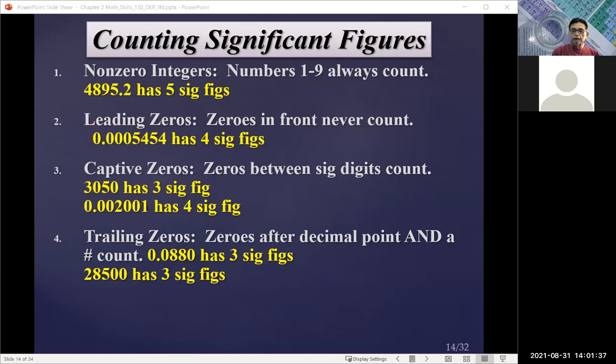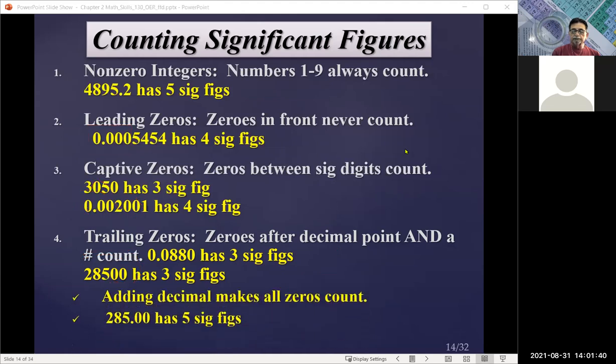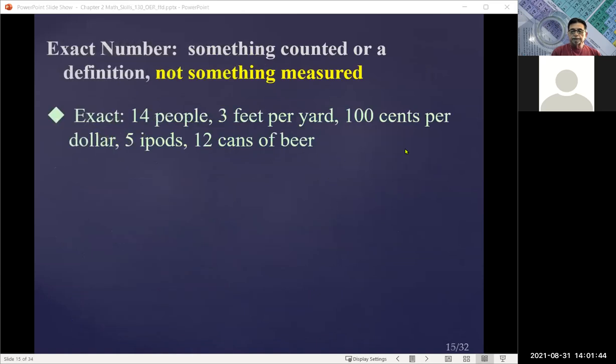All right, let's try a couple. Before we do that, there are numbers that are exact. They're whole numbers, and therefore are not used to determine the number of significant digits. An exact number: when you talk about 14 people, there are 14 people exactly, not 14 and a half, not 13 point whatever.